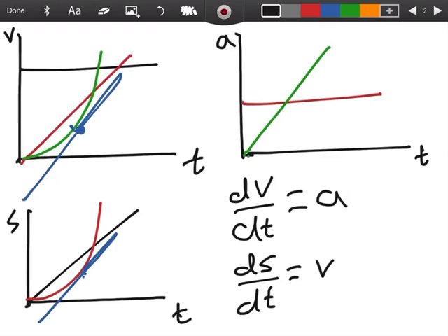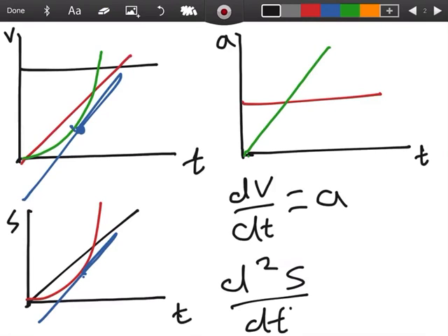And there's one more thing about the instantaneous acceleration. You may see it written like this: d squared s over dt squared. Now, I'll explain why it's like this right now.